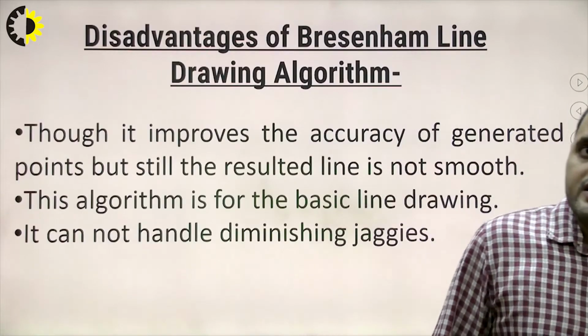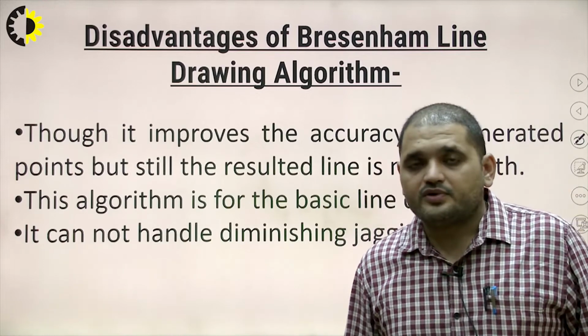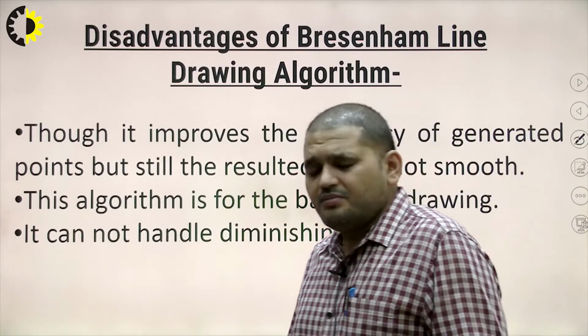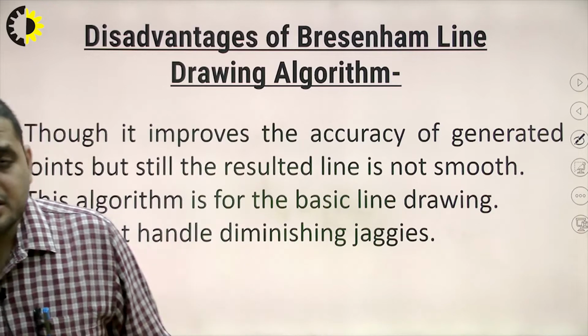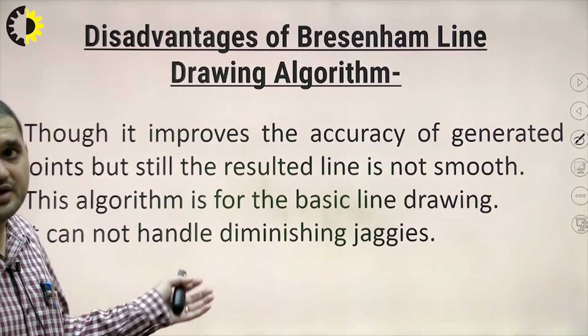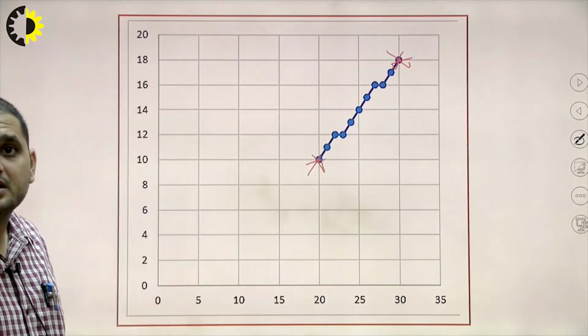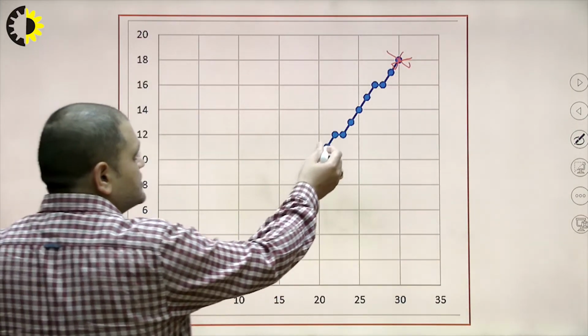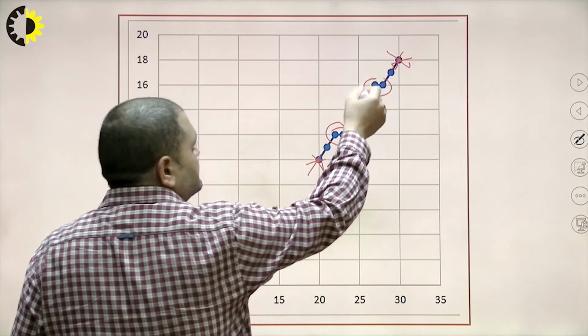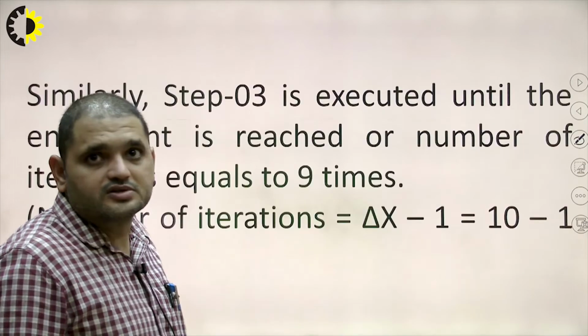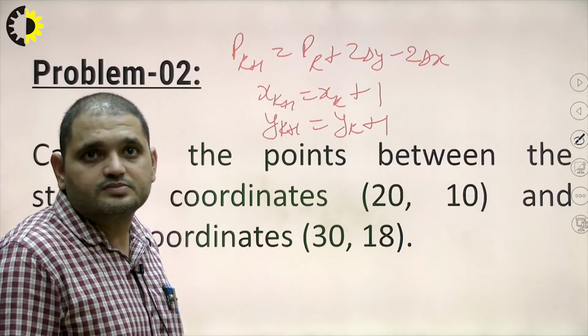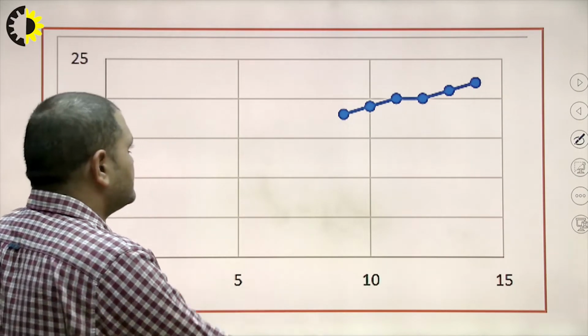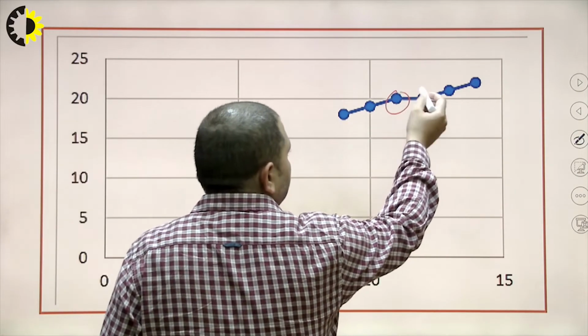Now what are the disadvantages of this? Though it improves the accuracy of generated points, the result is still not smooth. As we have seen, there are jaggies in the line. You can see the jaggies, the steps, in this problem also, and if I compare it with the earlier problem 1, here also you can see the steps.